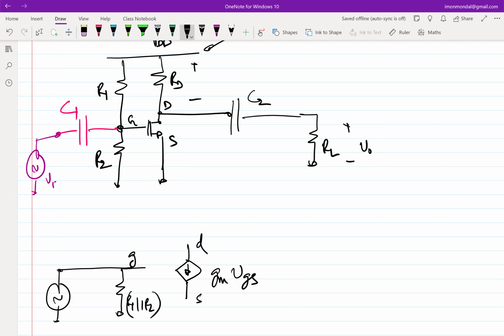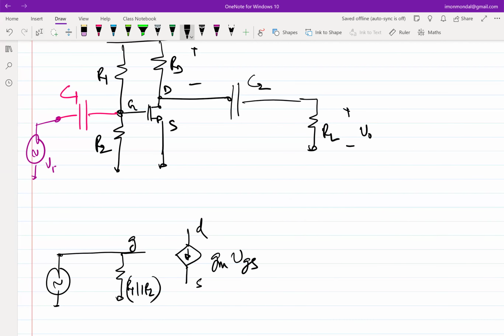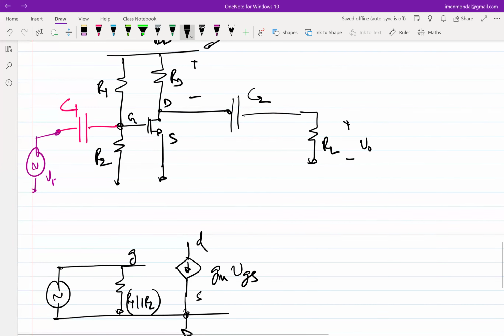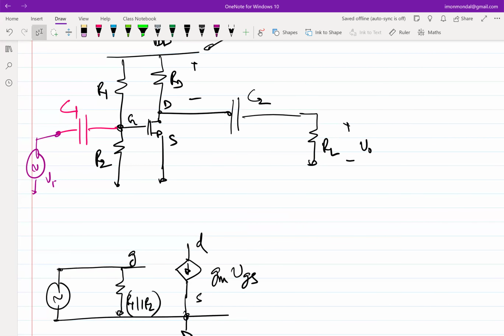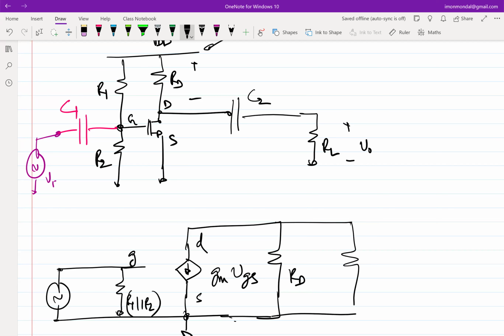What happens to the source? Grounded. At the drain, what is connected? RD, grounded. Then we have some capacitor C2, which again we can assume to be shorted if we size it properly. Then RL, grounded.